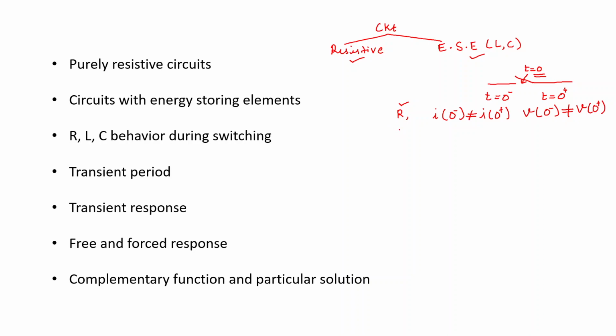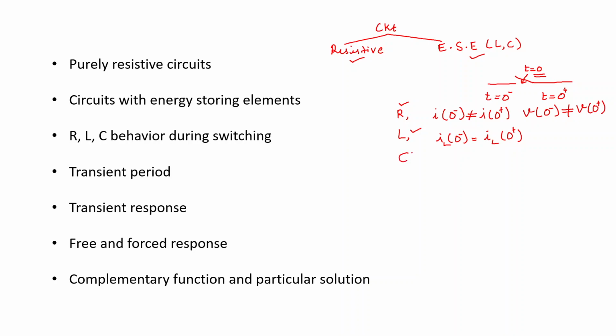Whereas in case of inductor, the current before switching is equal to current after the moment of switching, which means that the inductor does not allow sudden change in the current.